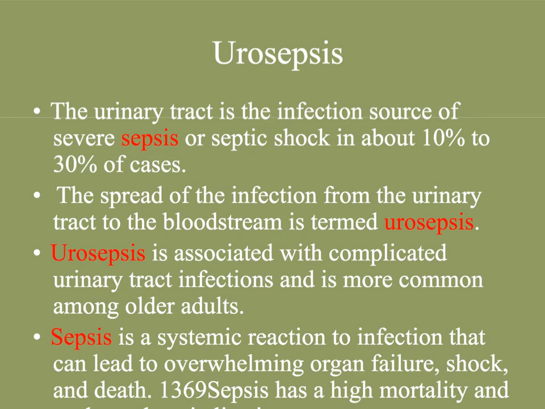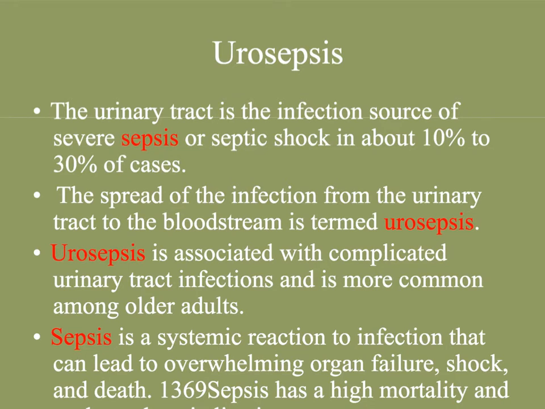Okay, I mentioned urosepsis as a very serious infection earlier. It's a life-threatening situation. And this is happening at times in especially the elderly when a urinary tract infection is not identified and treated early.